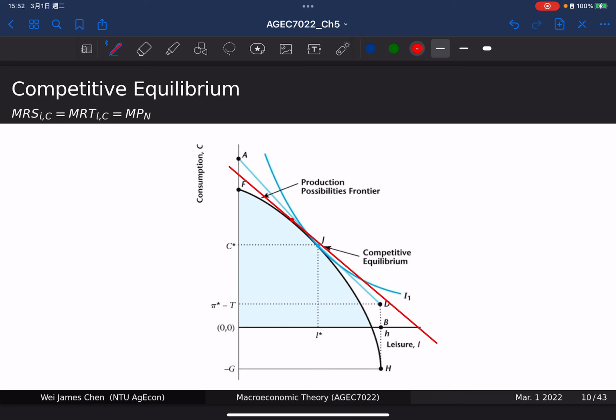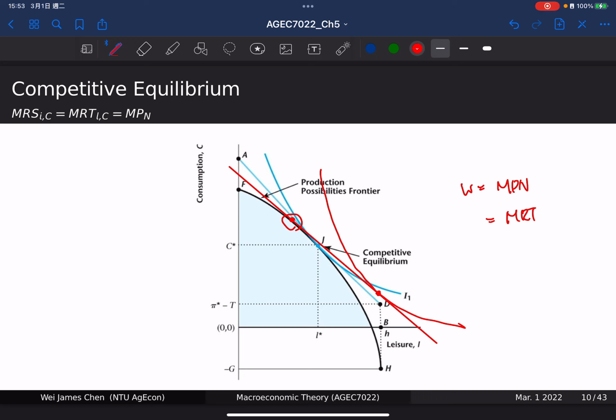Okay, so suppose the tangent point is here. Then the utility maximization point probably is here. Then this is the point where the wage is equal to MPN, which is also equal to the marginal rate of transformation.